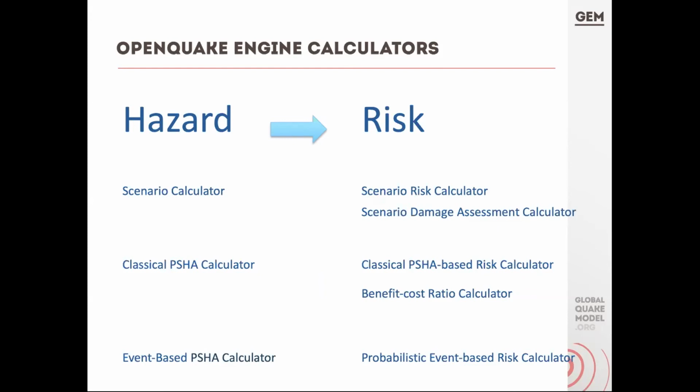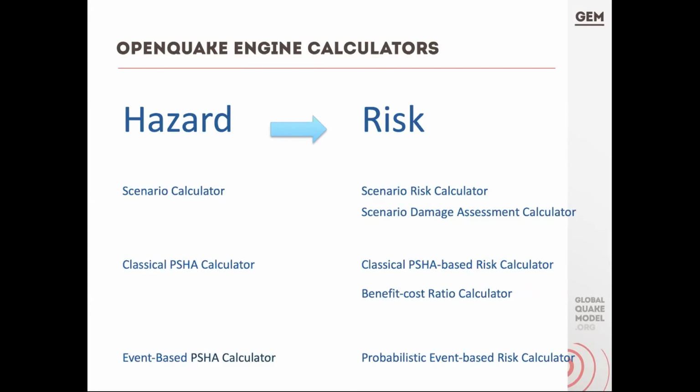Then if I want to compute risk, which calculators do I have in OpenQuake? If we are talking about deterministic, I can have the scenario risk calculator or the scenario damage calculator. Yesterday we ran damage, but in the spreadsheet that was our task, we also had the option to run a risk.